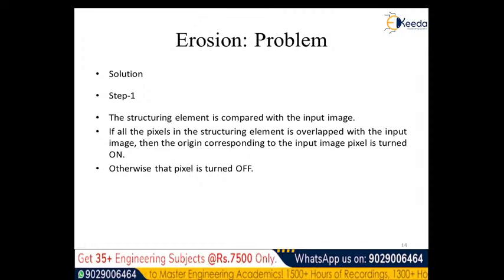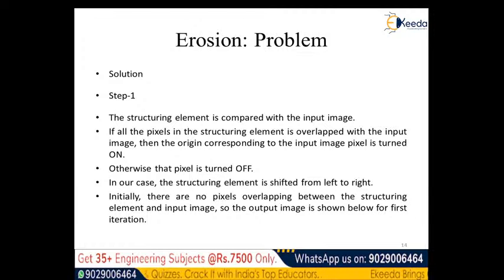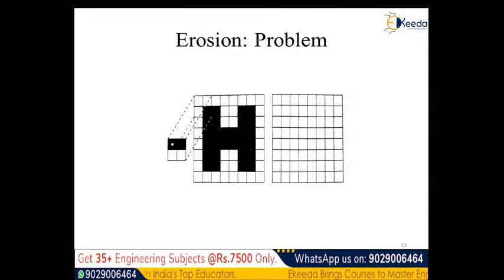so the pixel is turned off here. So in the given example, the structuring element is shifted from left hand side to the right hand side, and initially we have no pixels overlapping between the structuring element and the input image, so the output image is shown below the first iteration. Here we show it with the help of the illustration.